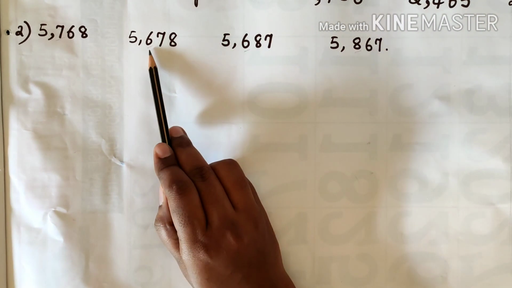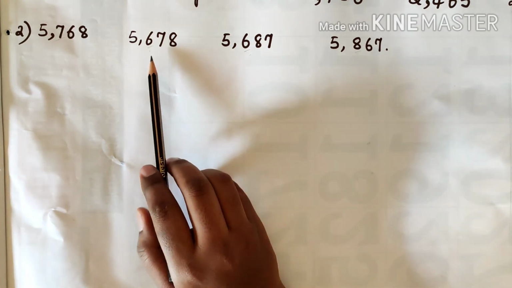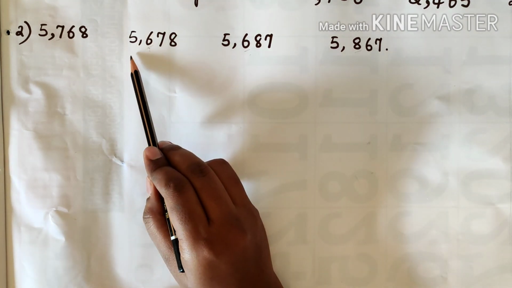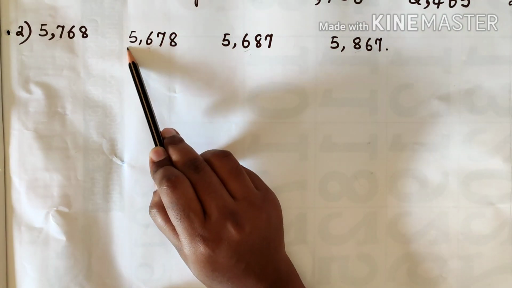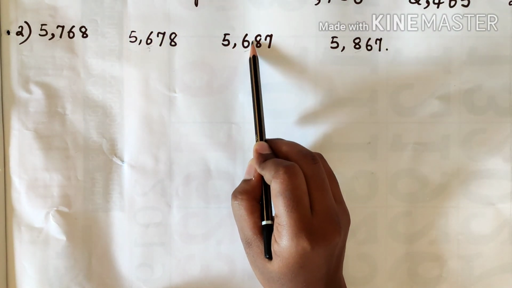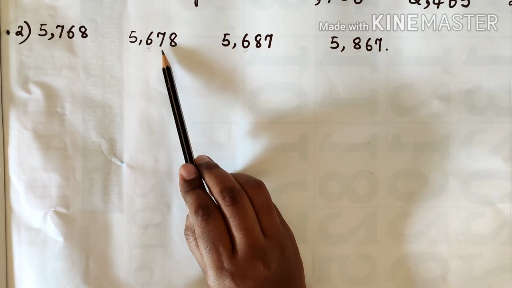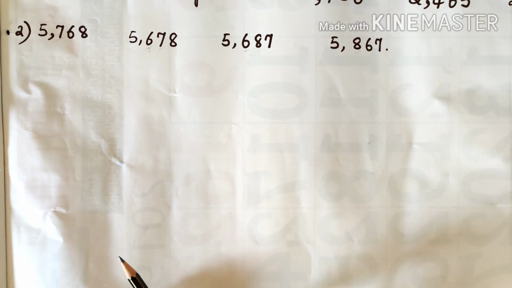Good. 6 is the smallest number, but we have two numbers which have 6 in hundreds place. So now again we need to compare this number and this number. Since thousands and hundreds are same, we have to now compare tens place. So we have 7 here in tens place and 8 here in tens place.